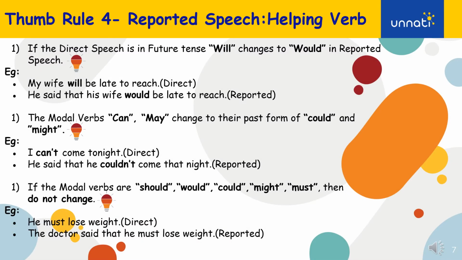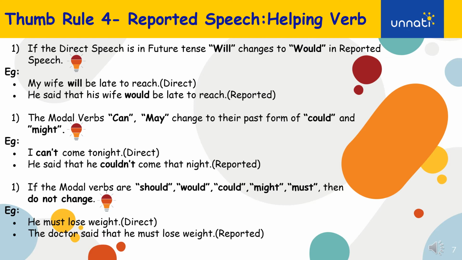Now we'll come to thumb rule number 4. Helping verb in a reported speech. What is a helping verb? Will, can are helping verbs. May, these are all helping verbs. Now, if the direct speech is in future tense, then it will have a helping verb, will.